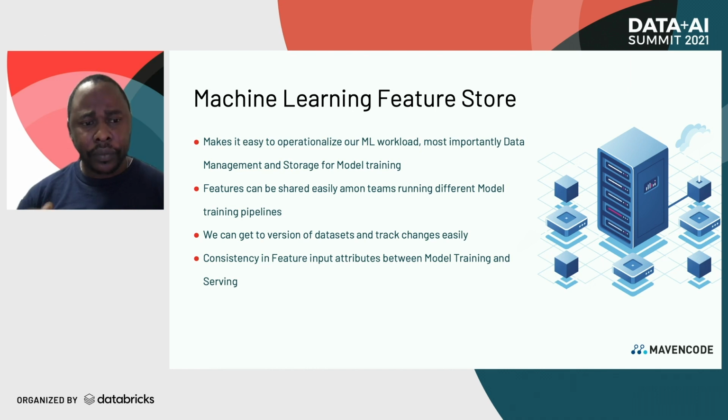And in terms of consistency between the input attributes that we use for training and the models, if you have everything in the feature store, especially in online feature store cases, you can use the same attributes that you're using for your model training to enrich the input that you use in your inferencing.